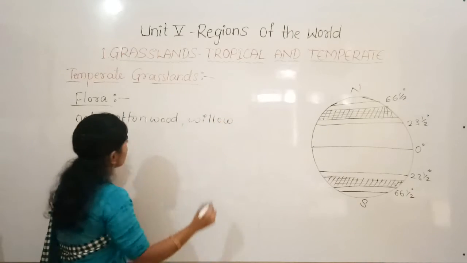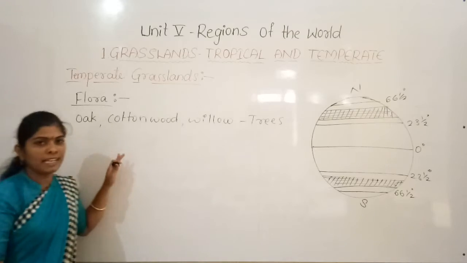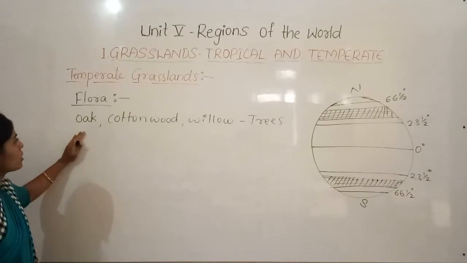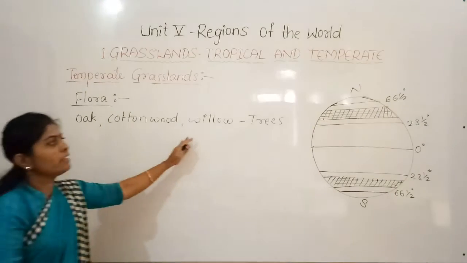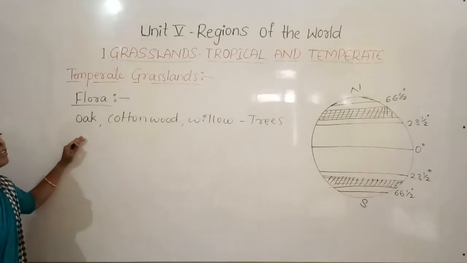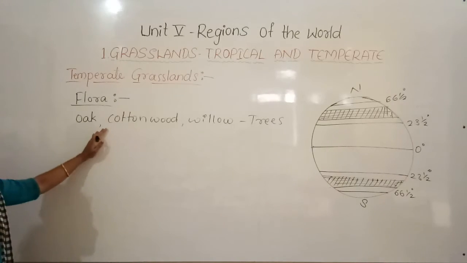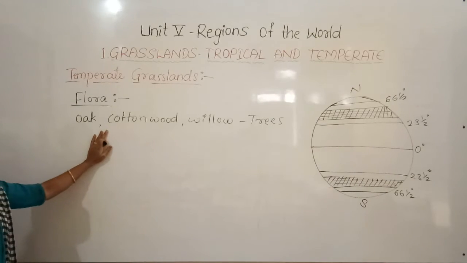So these are some trees which we can see in the valleys. Okay, oak, cottonwood and willows. These are some trees which we can find in the temperate grasslands, but mostly they are dominated by the grasses.